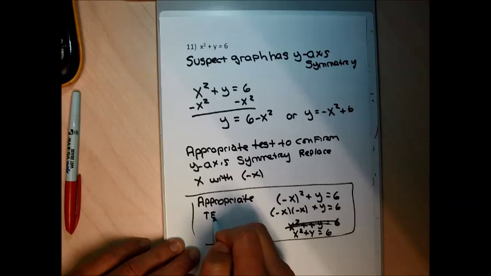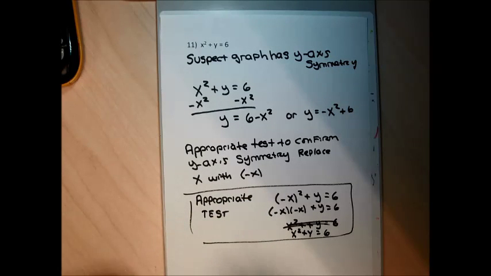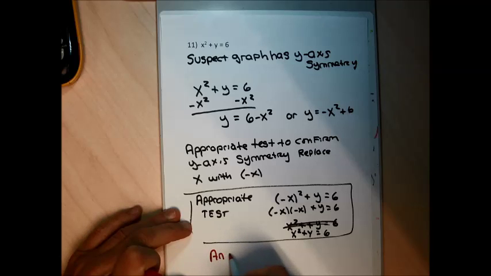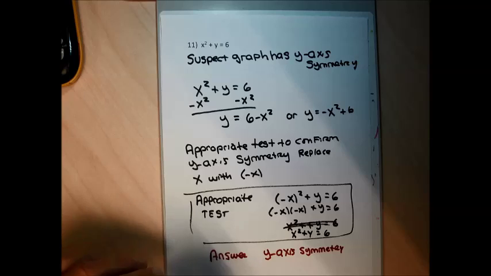And so I've done the appropriate test, and now I can make an answer to problem 11. The answer for the kind of symmetry that the graph in problem 11 has is it has y-axis symmetry. Again, if you don't show this little boxed bit of work, then you're not going to get credit on the test.